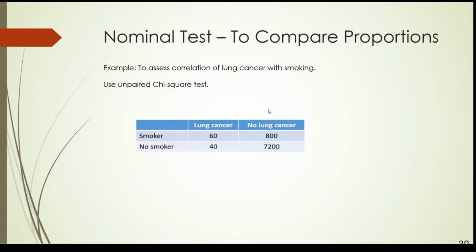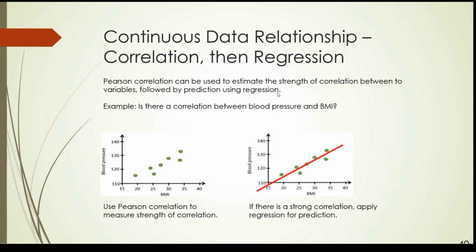So we do this chi-square test. So we find lung cancer patients and ask them, do you smoke or not before this? 60% say they smoke, 40% say they don't smoke. Then we also investigate healthy patients. We ask them, and then find out 800 smoke, 7,200 do not smoke. So this data is going to be used for the unpaired chi-square test.